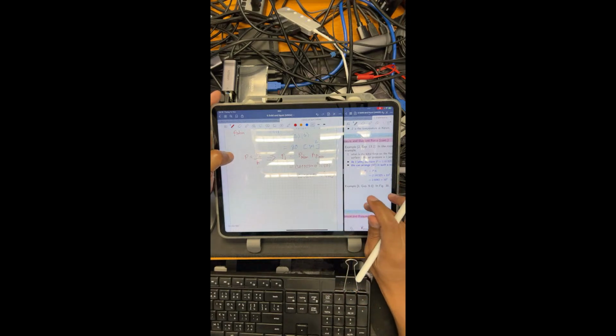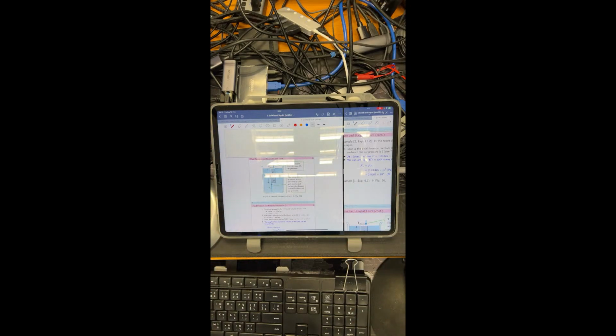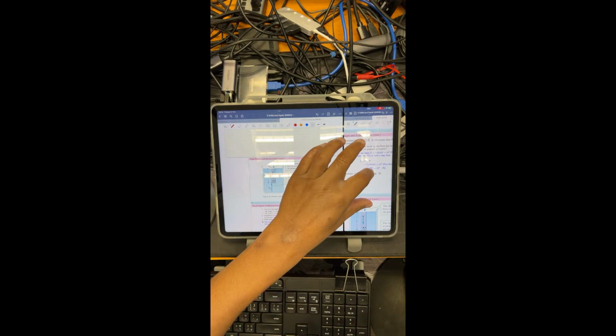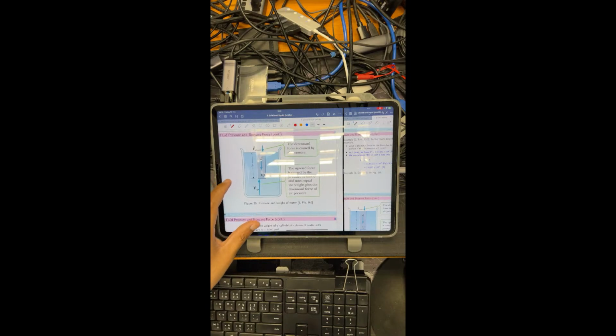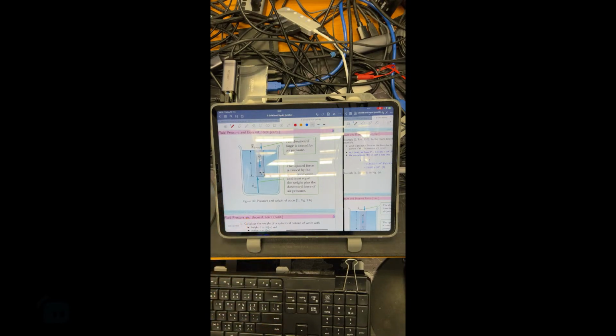All right. The next problem is this one, right? In figure 36, this figure, we have downward force caused by air pressure, right? The air pressure is gonna push every object, not only this one, but also the whole water or liquid here.